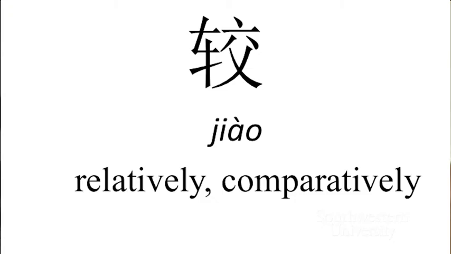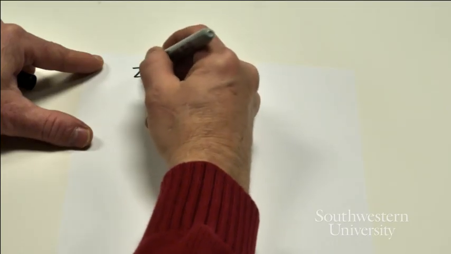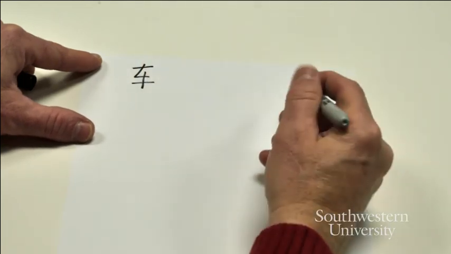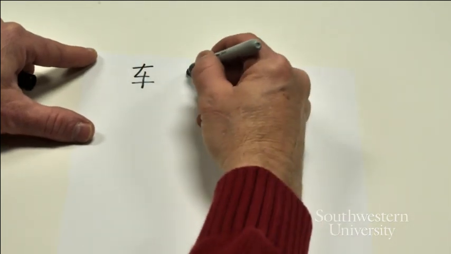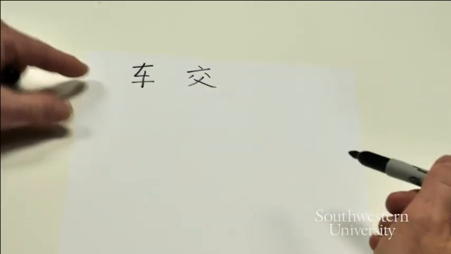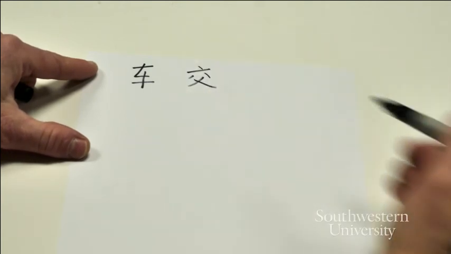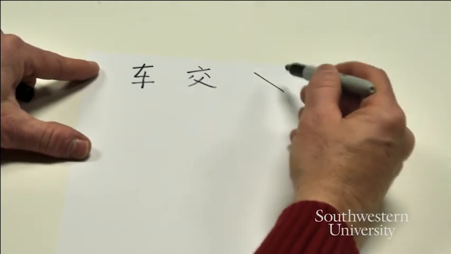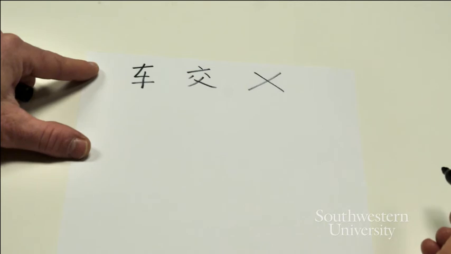And then the second part of the word jiao, of compare, bi jiao. You have a cart for the radical che, and on the right side you have the phonetic jiao, which means to interact, to exchange. You can see that it looks like exchange, interaction. It actually looks like an X. And I find that interesting.